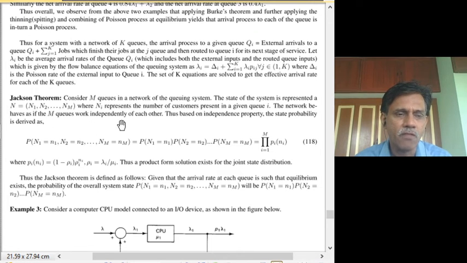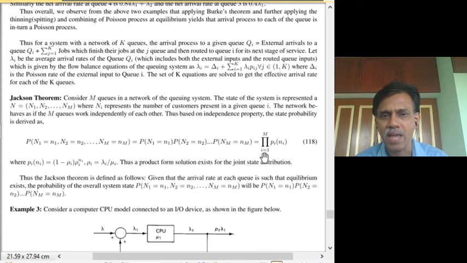So this network of m queues can be treated to be a combination of m independent queues, and therefore the probability that N1 is equal to small n1, N2 is equal to small n2 and so on can be written as a product of the probability that N1 is equal to n1 into the probability that N2 is equal to n2 and so on.